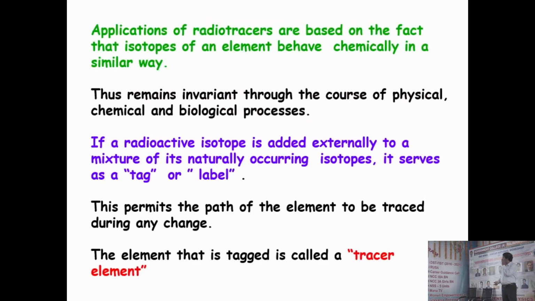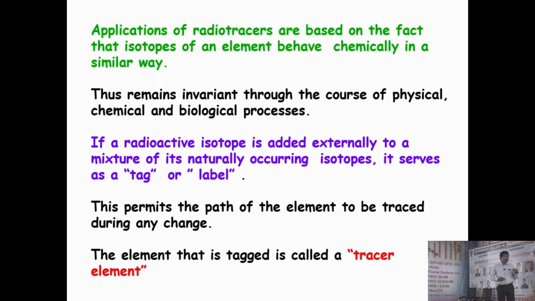The application of radio tracers is based on the fact that isotopes of an element behave chemically in a similar way. Because both are chemically the same, they behave the same way and remain invariant through the course of your physical, chemical or biological process. Whatever process is happening, either chemical, like getting precipitated or forming a complex, both the radio tracer and your element of interest will behave in an identical way.